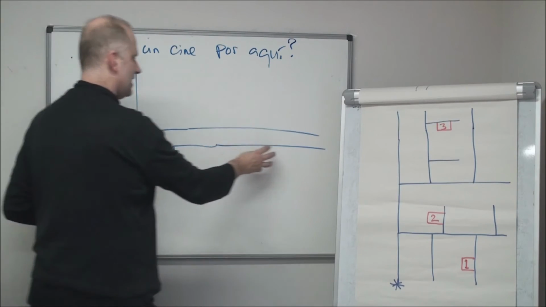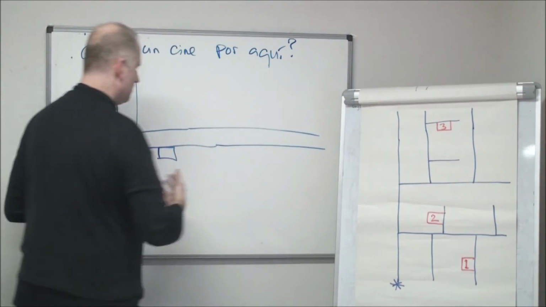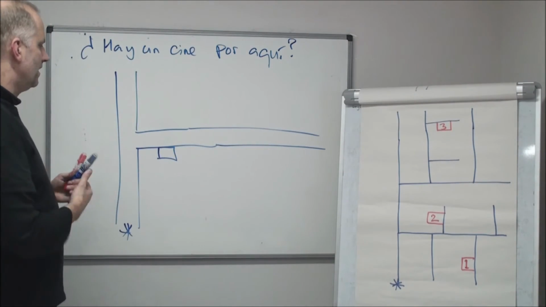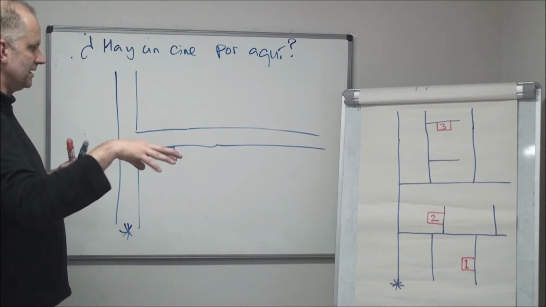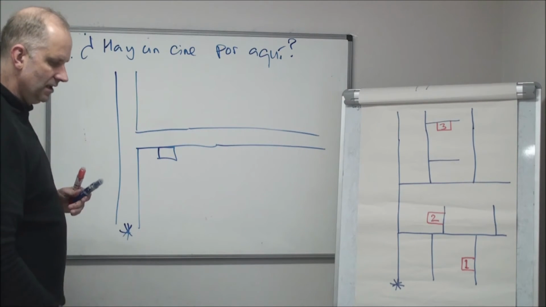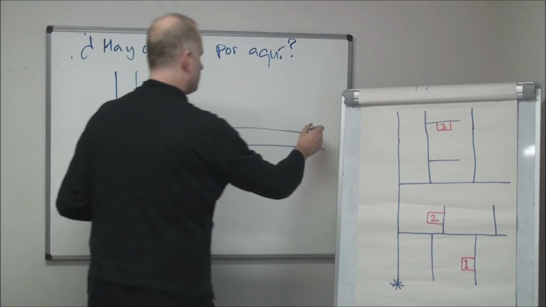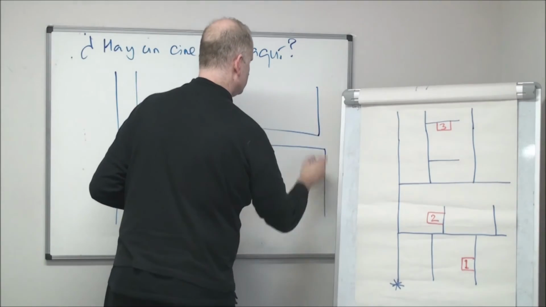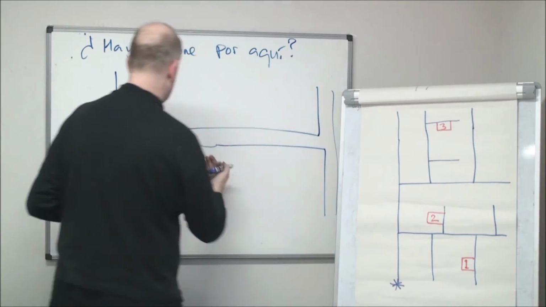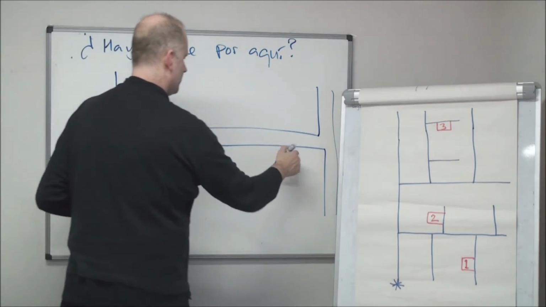So it could be pretty much anywhere along here. So you might have to say continue until you get to a certain place, and then it's on the right after that. Or if you have a road which is quite long, and then there's another road at the end of that. Imagine the cinema is down here.